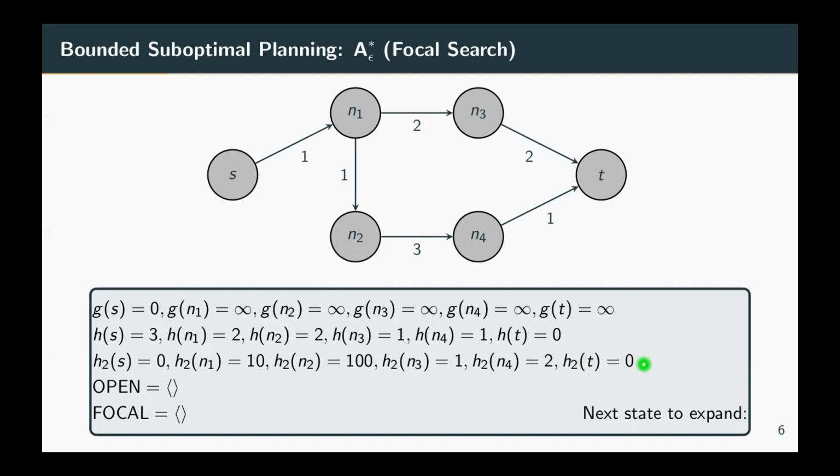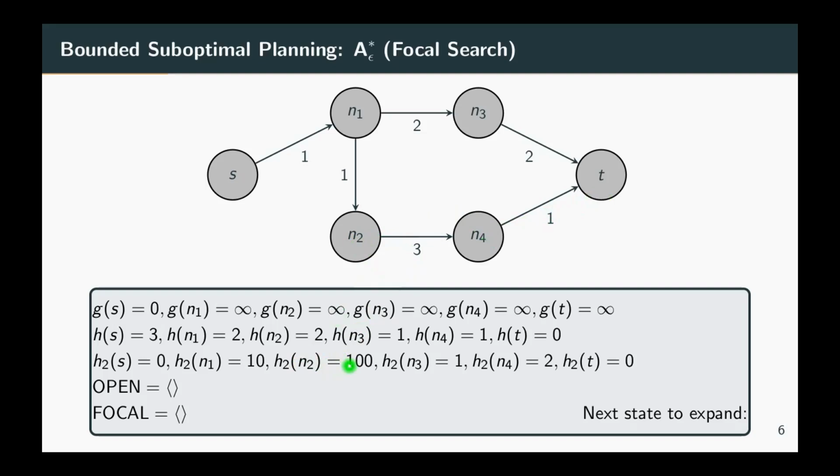And this one, again, is also arbitrary, but it's actually inadmissible. And that is now the new part compared to the last lecture. How can we see that it's inadmissible? Take, for example, the node N2. For N2, we can see that the cost to the goal is 4, 3 plus 1, but the value of the heuristic is 100, which is clearly way larger than 4. And so therefore, H2 is inadmissible.